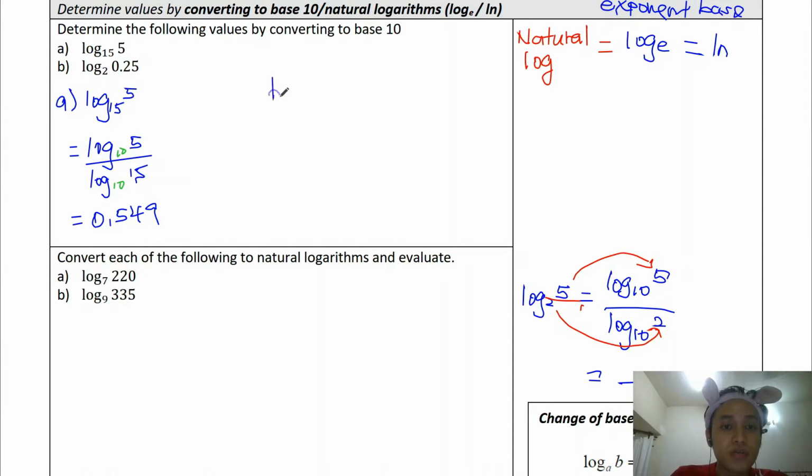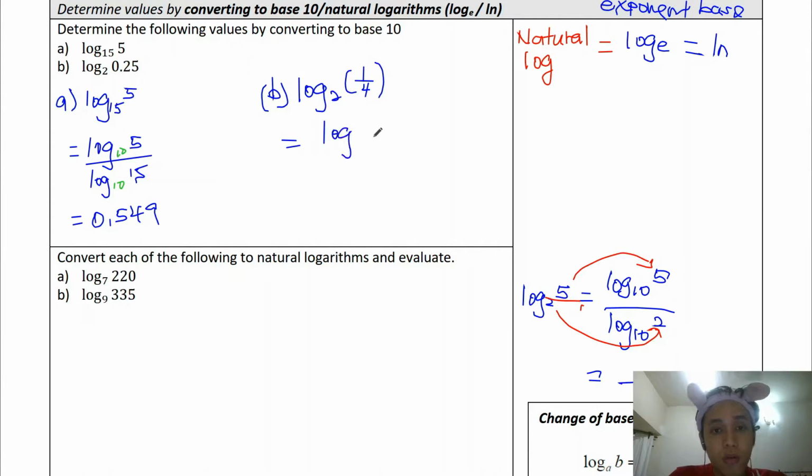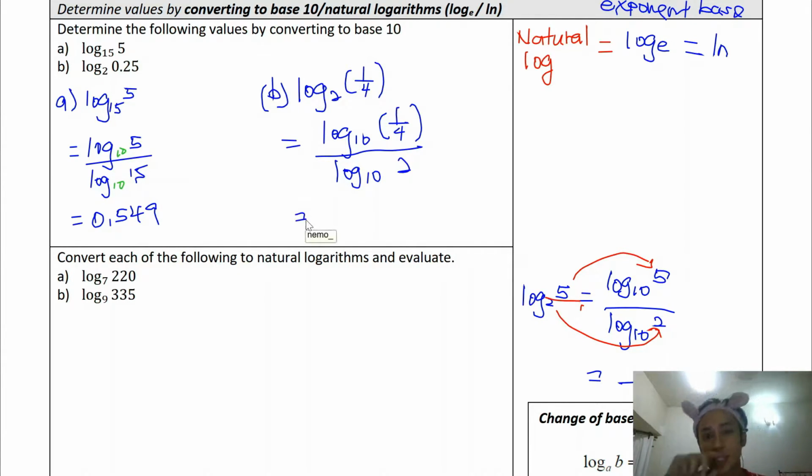Question 2. Remember this is a decimal, so you change it into a fraction. So 0.25 should be 1 over 4. Same thing, you change it into base 10: log 10 of 1 over 4, on top, divided by log 10 of 2. You just punch in your calculator, log of 1 over 4 divided by log 2.